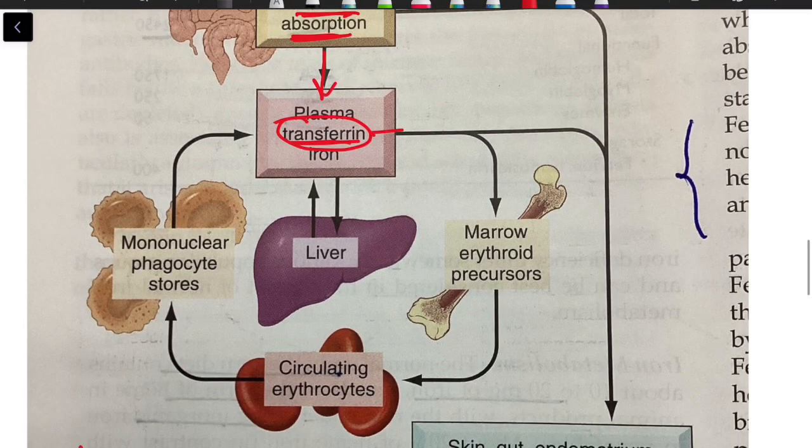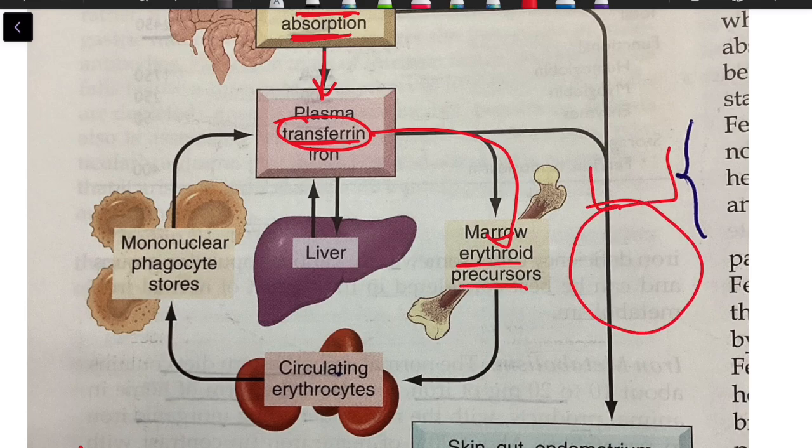So it goes to the marrow, to the erythroblasts, and the erythroblasts have a transferrin receptor. This red one here is a transferrin receptor, and the transferrin receptors bind to the transferrin molecule containing iron, and this is then internalized and iron is released, and then the erythroblasts utilize it to produce erythrocytes containing adequate hemoglobin.